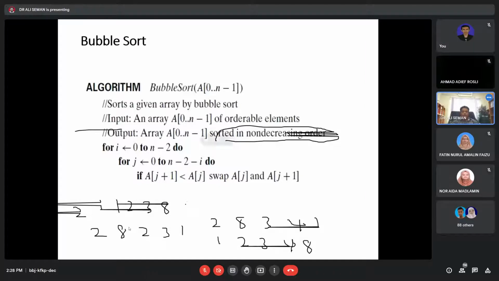But compared to this, the non-decreasing order becomes 1, 2, 2, 3, 8. This is non-decreasing. I hope by using this example, you can see the difference.